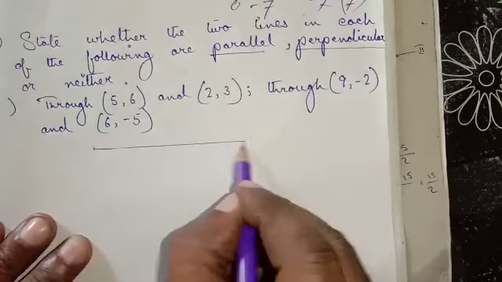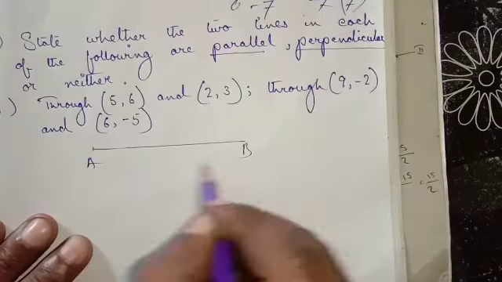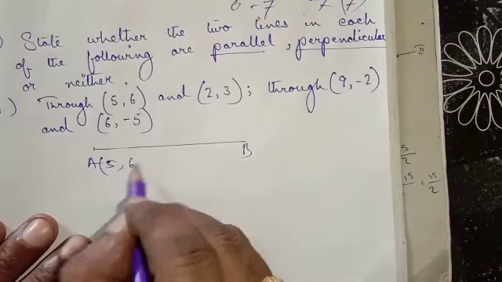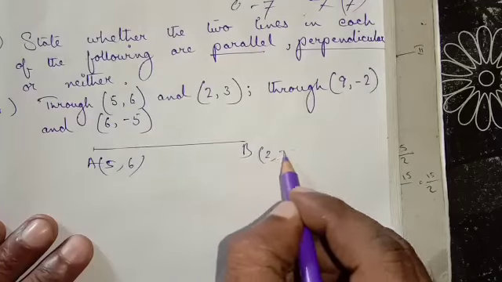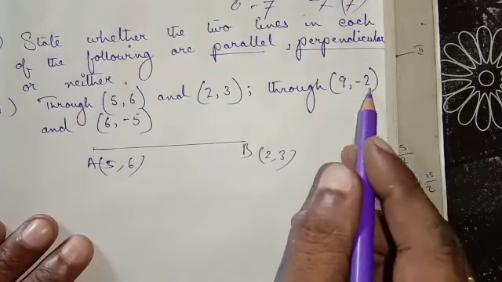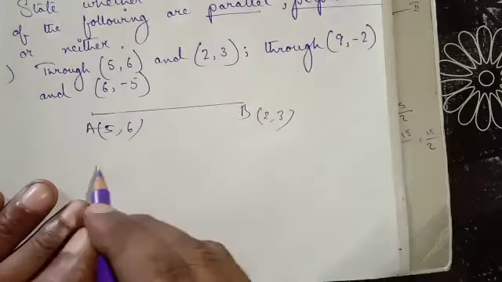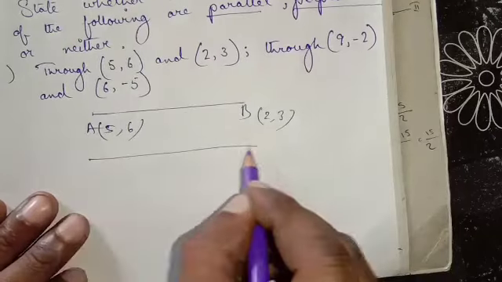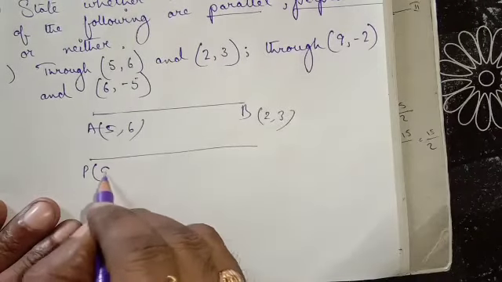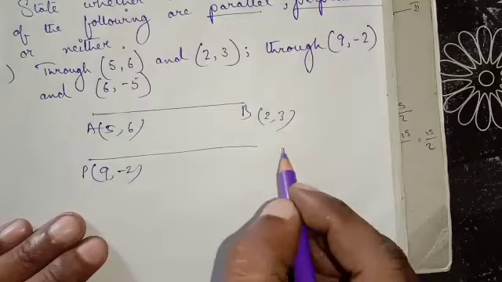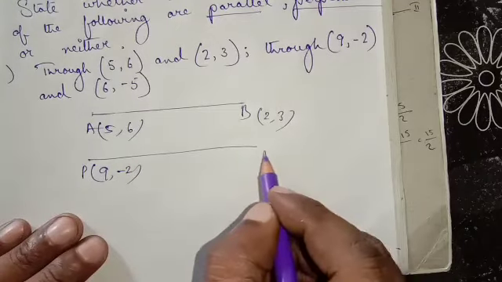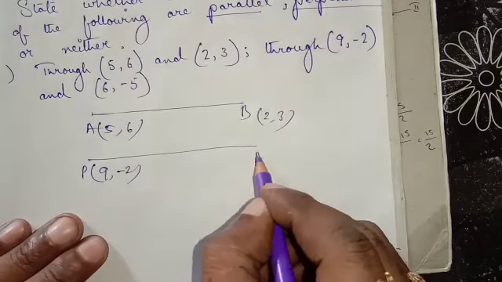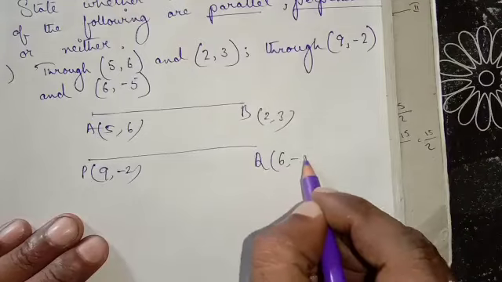Let that be AB. The second line is given through 9, minus 2 and 6, minus 5. Let that be PQ. For your convenience, you have to write the names also.